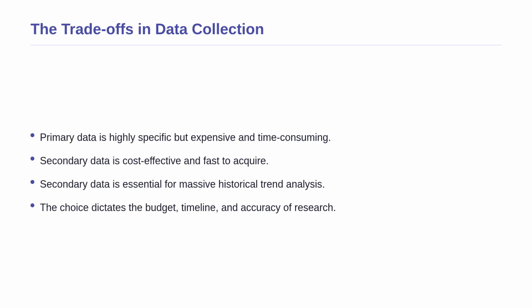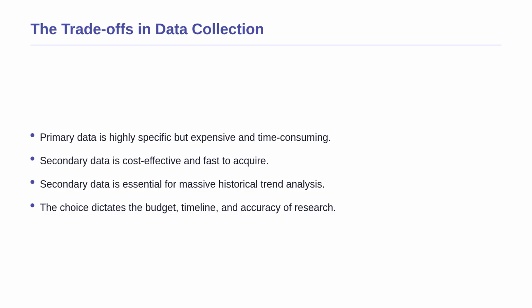Understanding these definitions leads us to why this distinction is absolutely crucial for your research. The type of data you choose dictates the budget, timeline, and accuracy of any biological project. Primary data is incredibly important when you need highly specific, up-to-date information, like testing a newly developed vaccine.